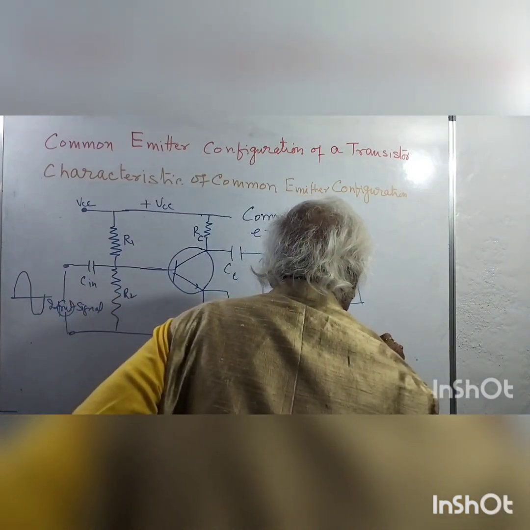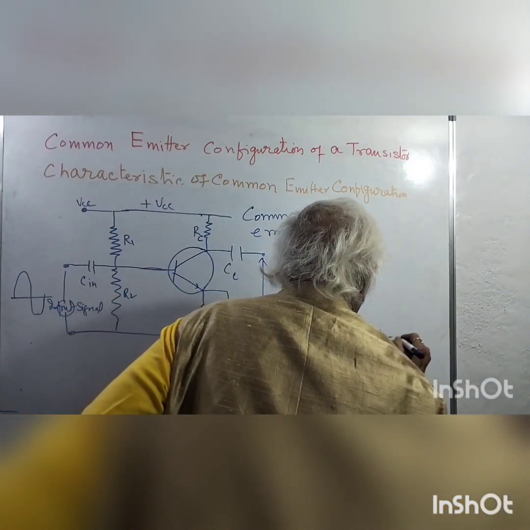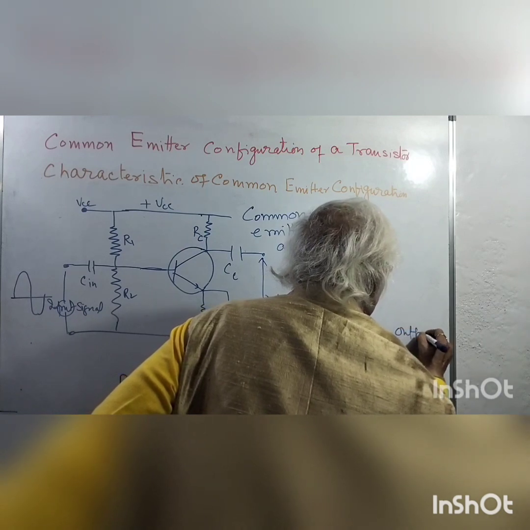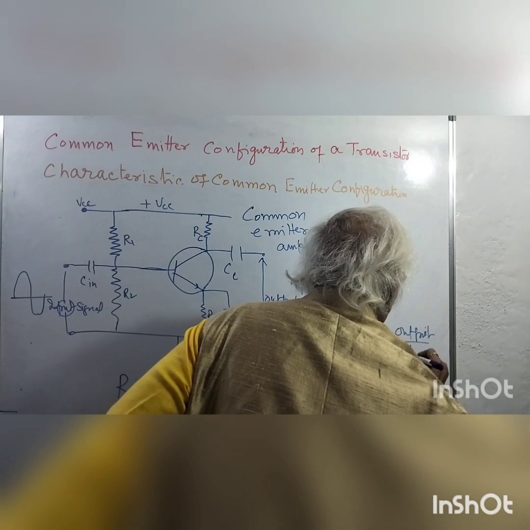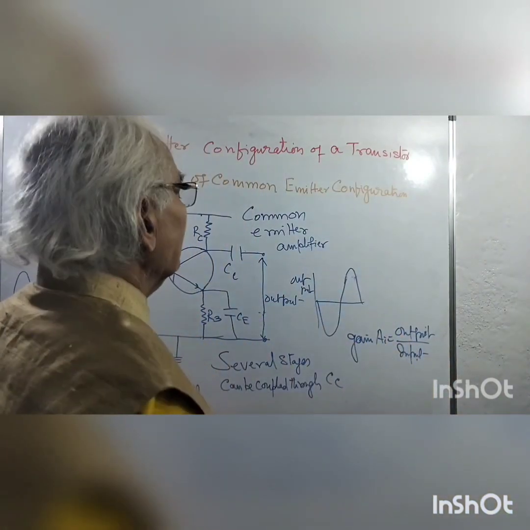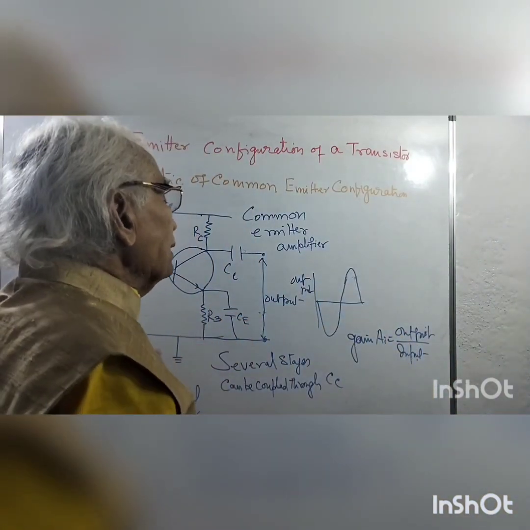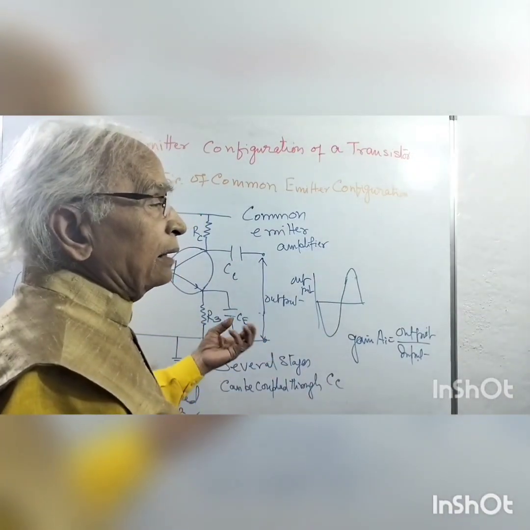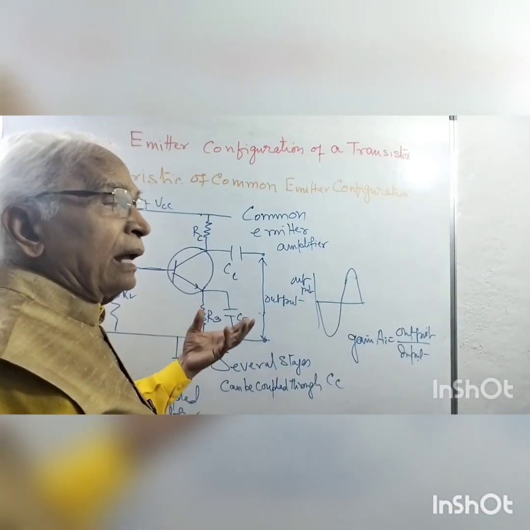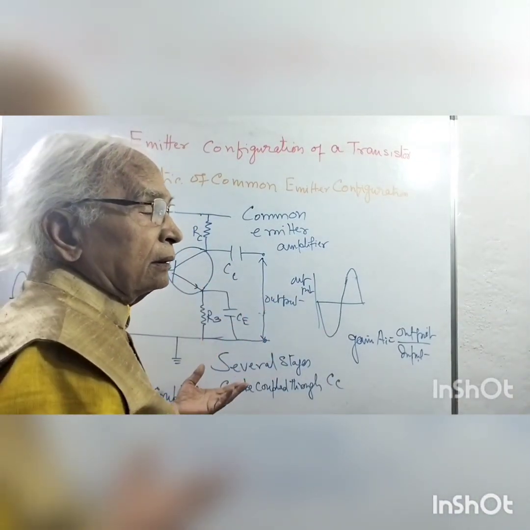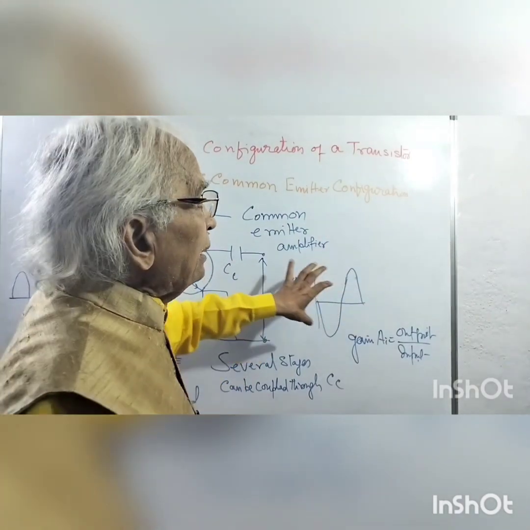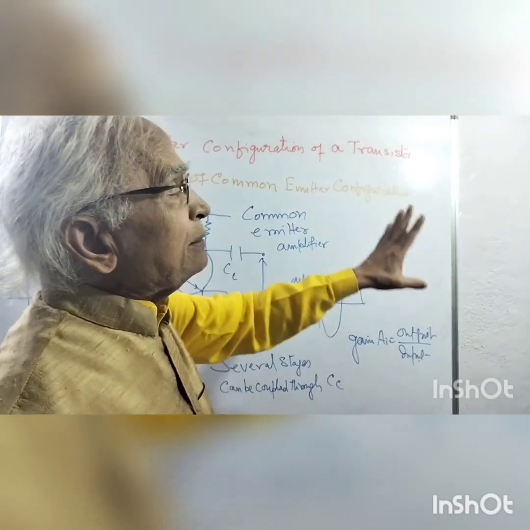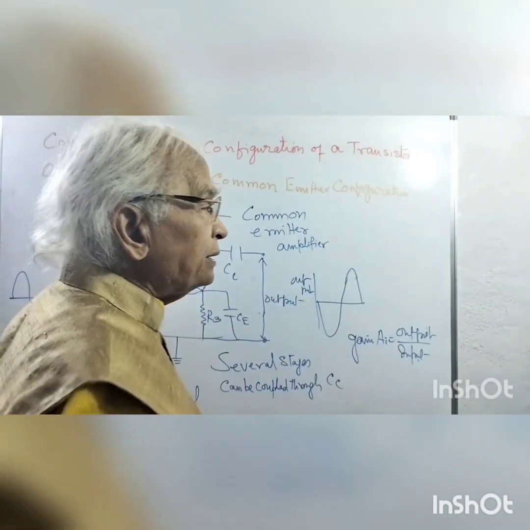Gain A_I is output upon input. So we get the gain. Maybe output upon input is 10, then it can be 10 times amplified, and then this 10 coupled to second stage, and then it again 10 times means, so it becomes 100 times of the initial.